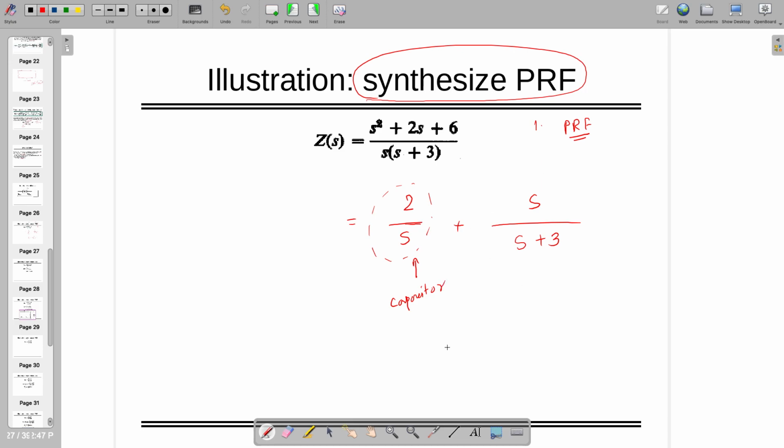It's not in terms which we are doing, but you can see that the maximum degree between the numerator and denominator is 0. If it is there, you can divide the numerator by the denominator, you will get this one, right?